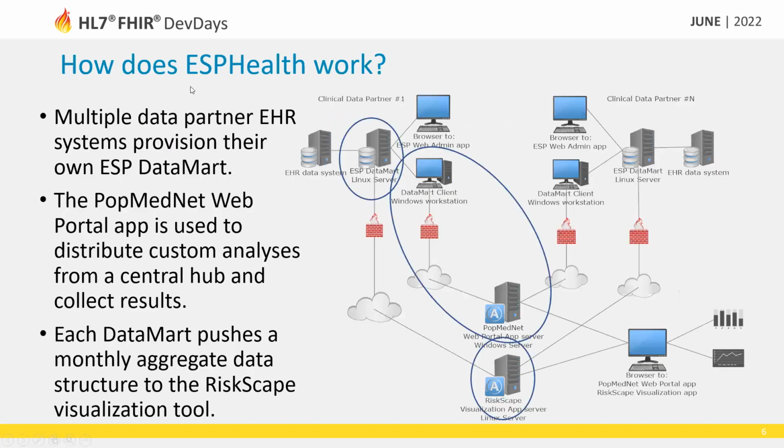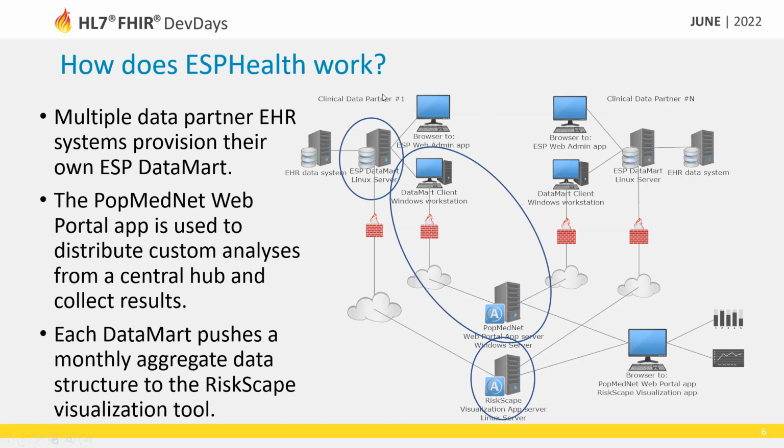So how does it work? You'll have multiple clinical data partners, each with their own EHR systems, which provision an ESP data mart, which has a standard data model. And this contains a limited data set typically, in that it doesn't have all the patient data, but it has patient level data from the electronic health record system.